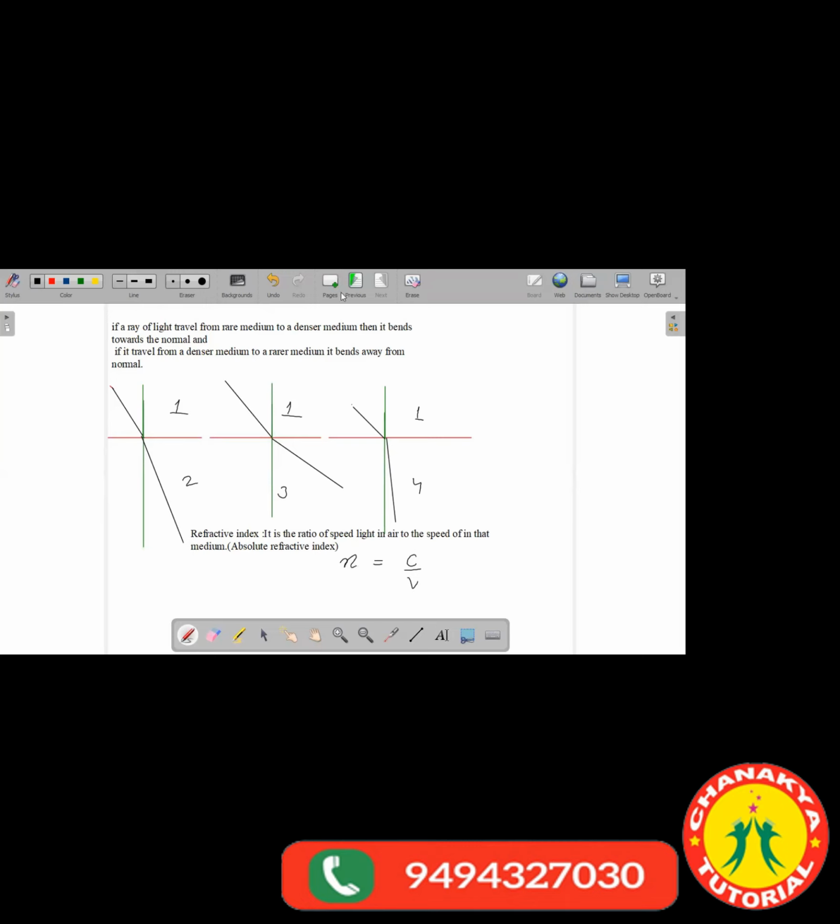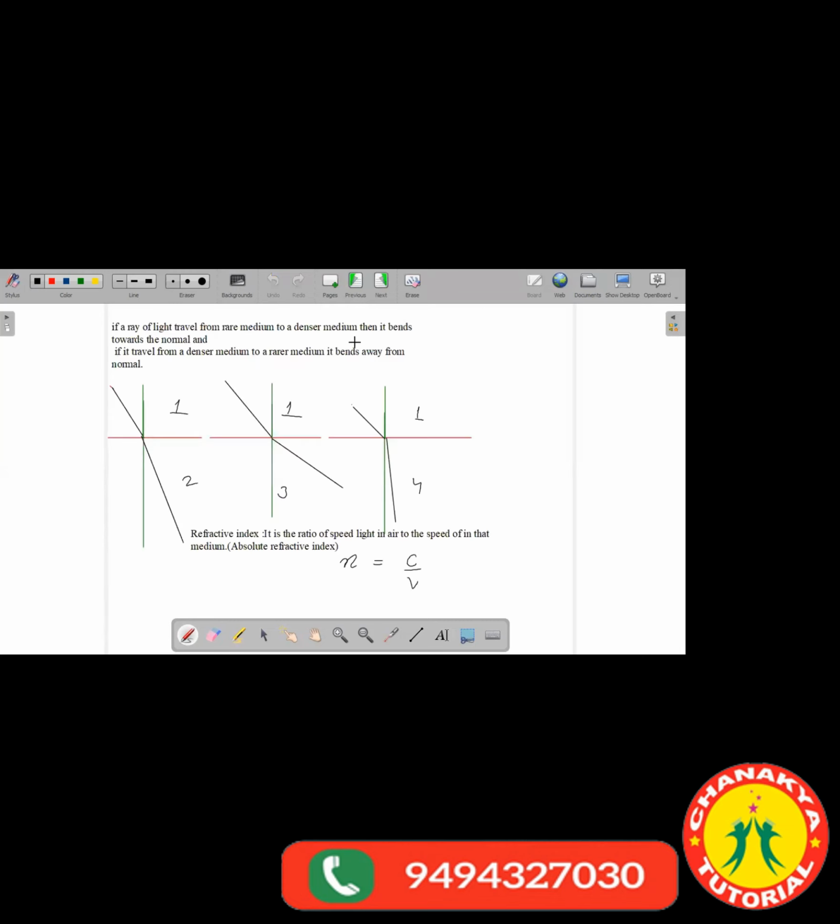So this value we call the refractive index of that medium. For example, we know certain refractive indices. Let us have here a list of the refractive index. Every year, some question is based on this refractive index. So we'll try to do a few questions based on this.